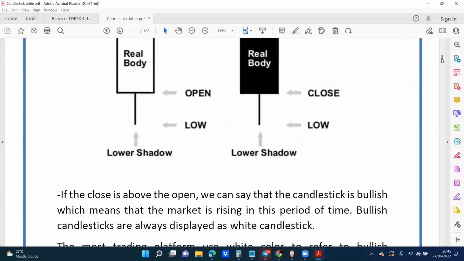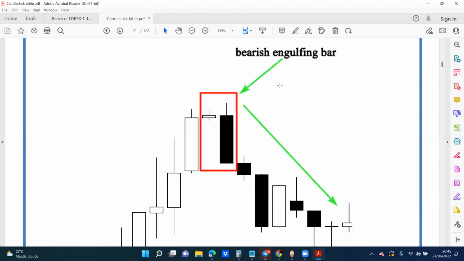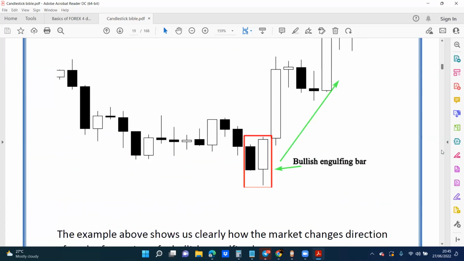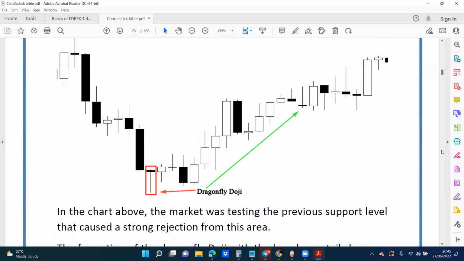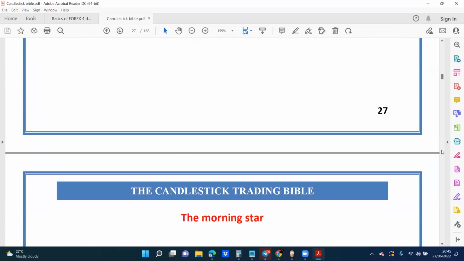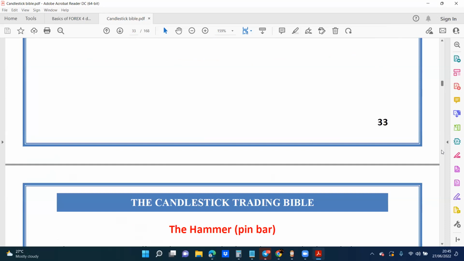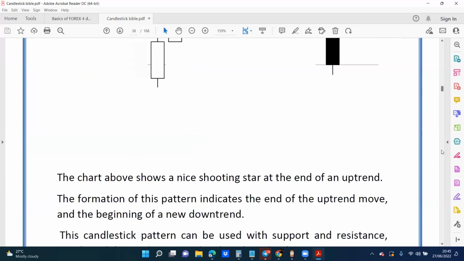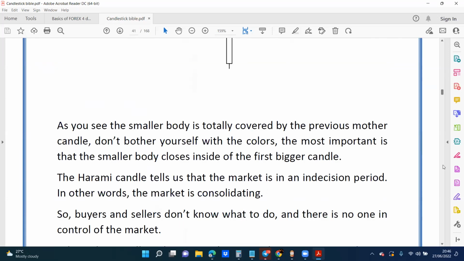Let's go back to inside bar. This is bearish engulfing. After bearish engulfing, we had doji and all of the other dojis, and then we had Morning Star, and then Tweezer, and then other formations of thin bars.